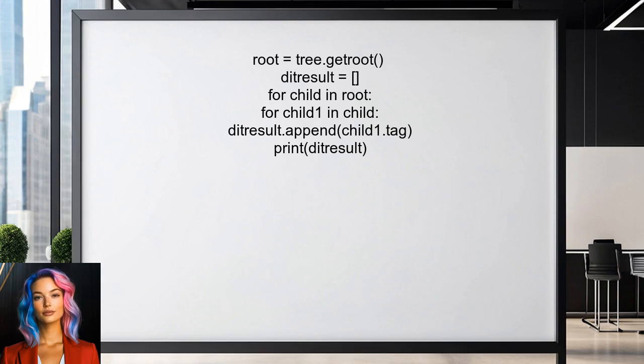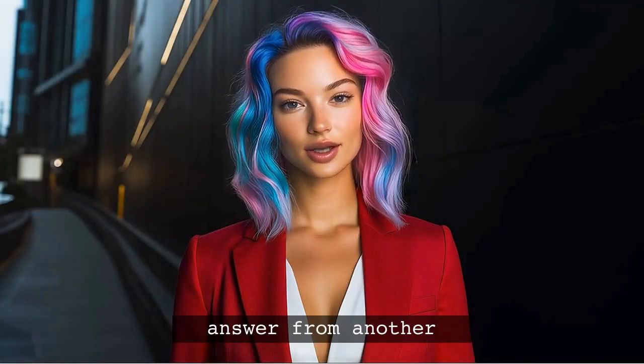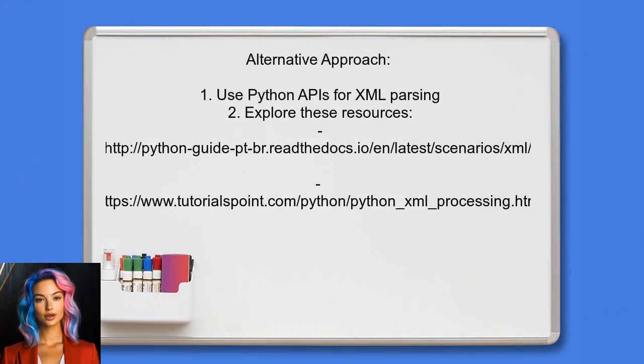Finally, they print the list of tags. Let's take a look at another answer from another user. An alternative approach to fetching child nodes from an XML file in Python involves using various APIs designed for XML parsing. The user suggests checking out resources that provide detailed guidance on XML processing in Python.